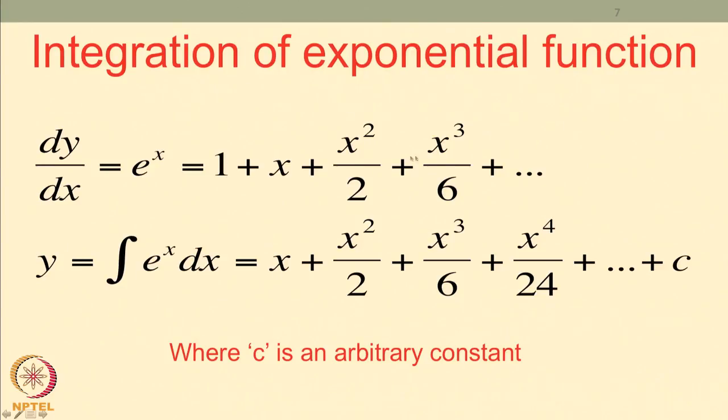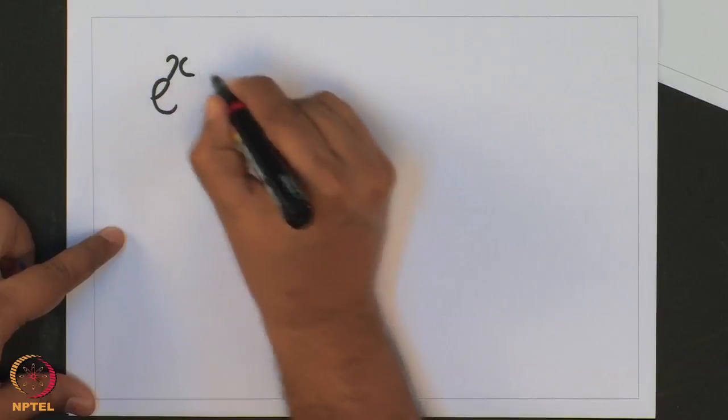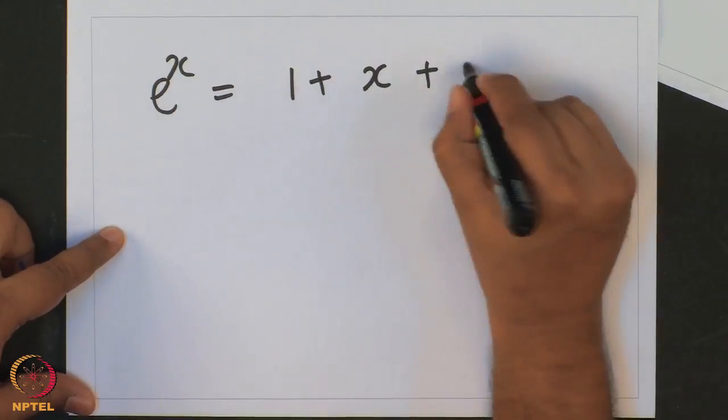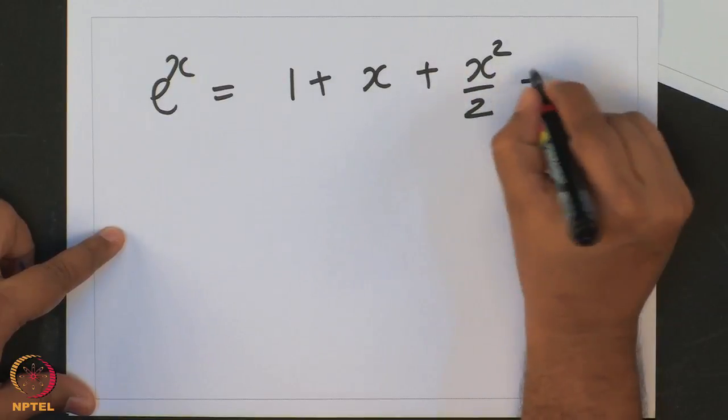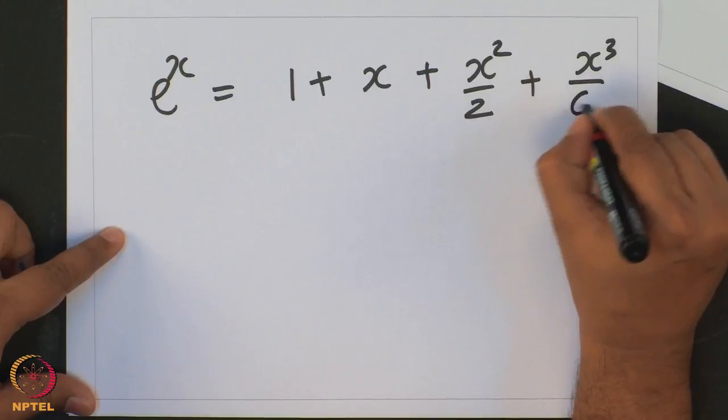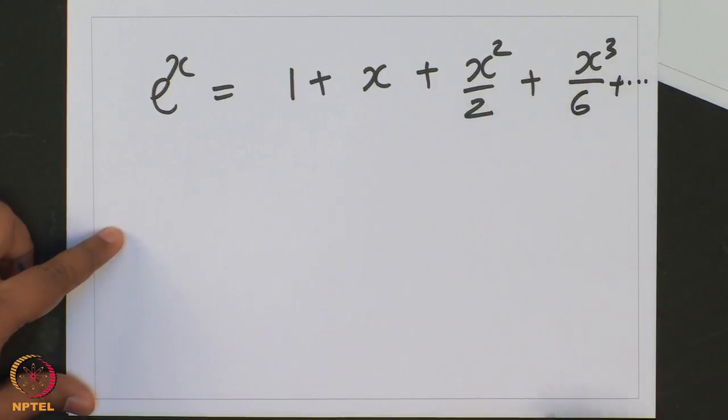So let us take each term by term and integrate. So let us do this quickly on the paper. So if I have e power x as 1 plus x plus x square by 2 plus x cube by 6, which is 3 factorial, plus dot dot dot.